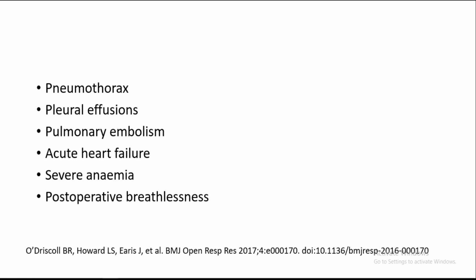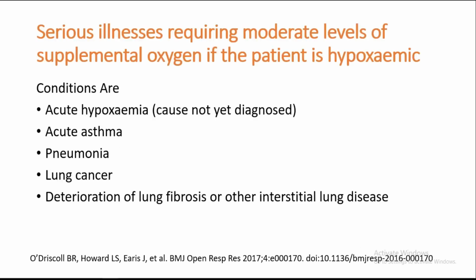In pulmonary embolism, if the patient is hypoxic, oxygen should be given. In a post-operative patient with breathlessness, it depends on the underlying cause, and that should be evaluated first. Also in acute asthma, pneumonia, lung cancer, and deterioration of lung fibrosis, if the patient is hypoxic, oxygen should be given, otherwise not.